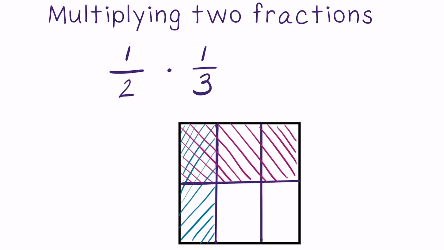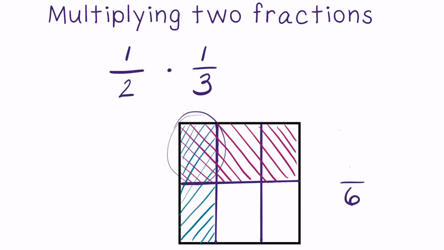In breaking the same whole into thirds and then halves, we've created a whole that has 6 equal parts. Therefore, 6 becomes the denominator in representing our visual whole here. When you look at the 6 equal parts and identify how many of them have been shaded both by the blue and the pink, meaning both by the 1/3 vertically and the 1/2 horizontally, you can see that one of those 6 parts is represented.